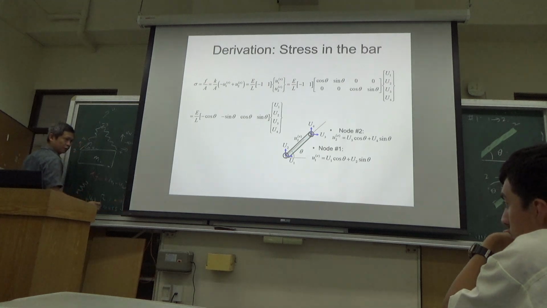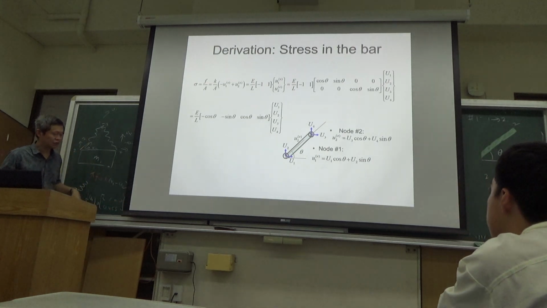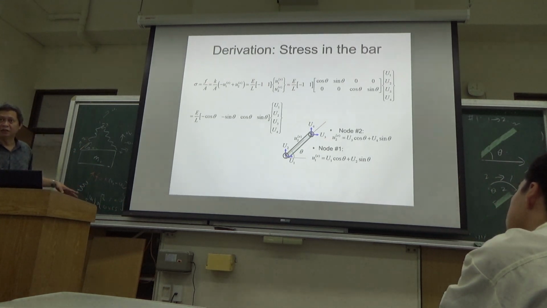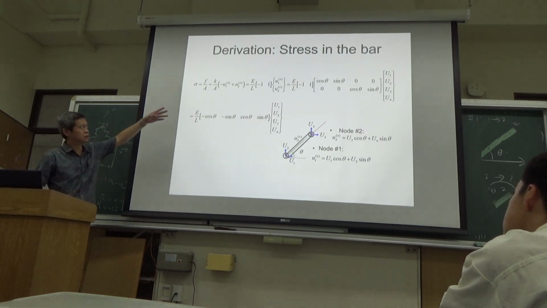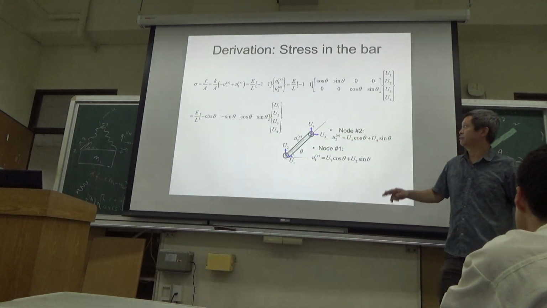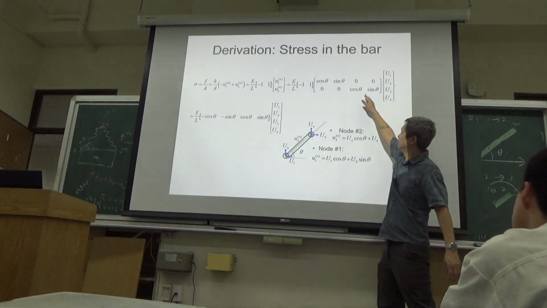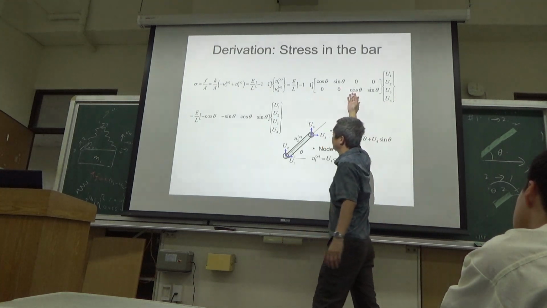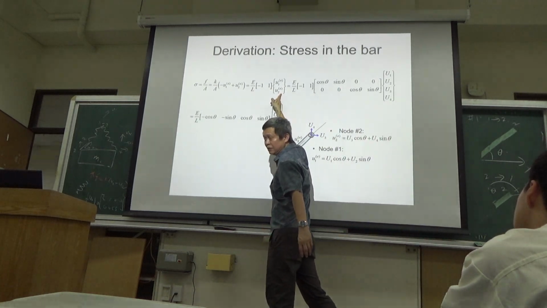Okay? So why did I ask you to do the derivation? Because you see that this transformation of local displacement to global one, we have to use it so frequently. We should not have a second thought about how to re-express it. This is axial displacement.